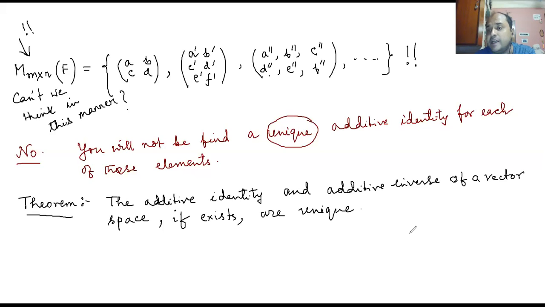There cannot be two additive identities and two inverses. So if they exist, they are unique.